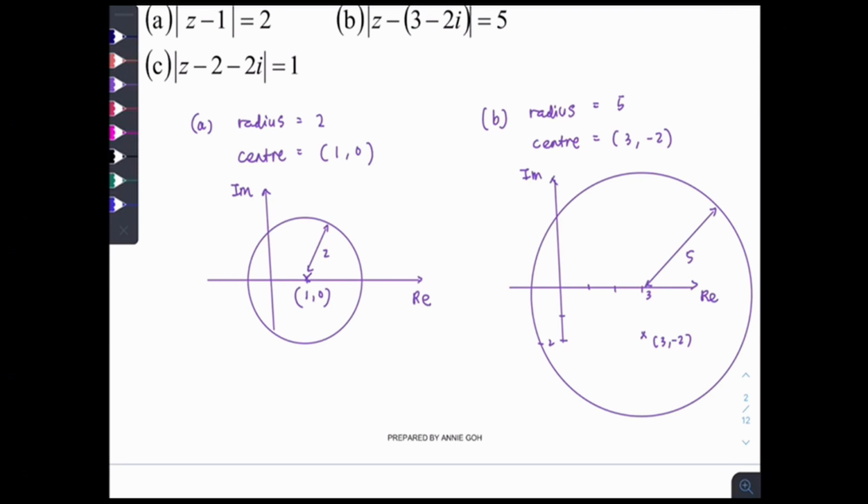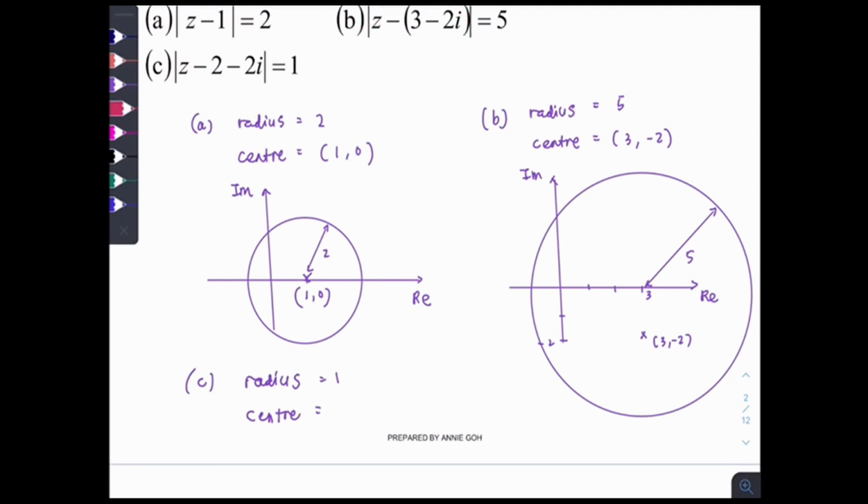Let's have a look at the C. So for the C, radius is a 1 here. But what about the center? For the C, it's a minus here. So distance between the point Z and this point. But the problem is, the minus, we have to factorize it and make it become this form.